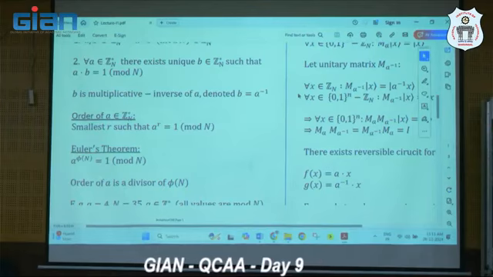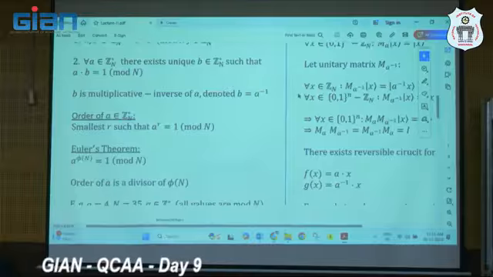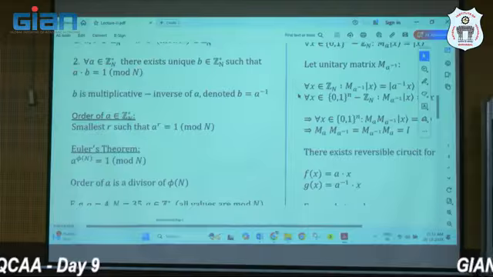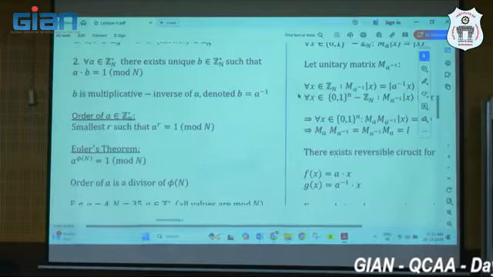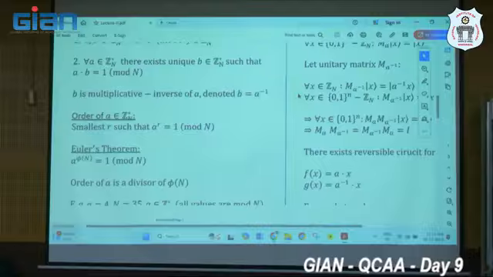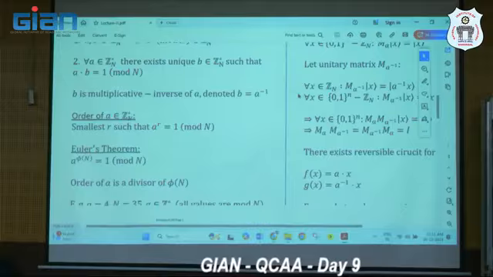Now what happens is, there is this Euler's theorem. What it says, you take any element A in Z star n, you raise it to the power what? The number of elements of Z star n, phi of n. It must be equal to 1. Euler's theorem.